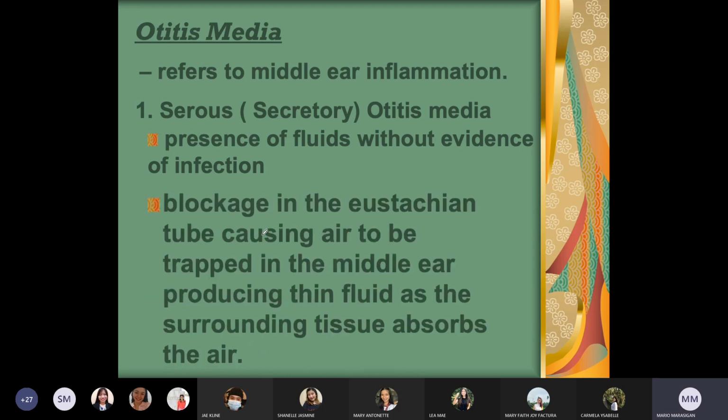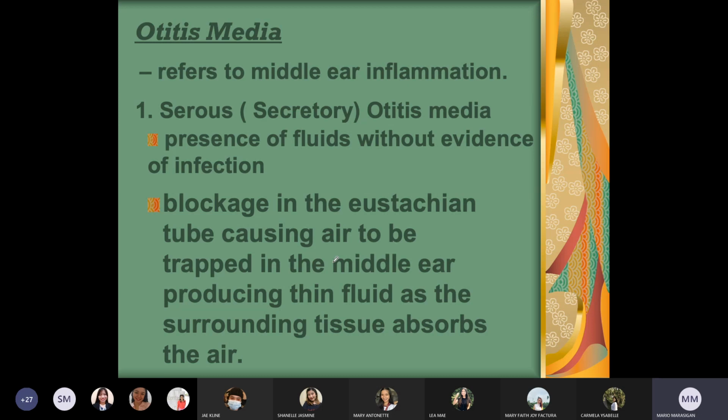Okay, so this type of otitis media, namamaga din yung kanyang tympanic membrane, but the cause is not a bacteria or microbes or fungal, no? You know, otitis media, ang common dyan yung bacterial, no? Yung upper respiratory tract infections, lalo sa bata. But for the serous type, there is no infections.